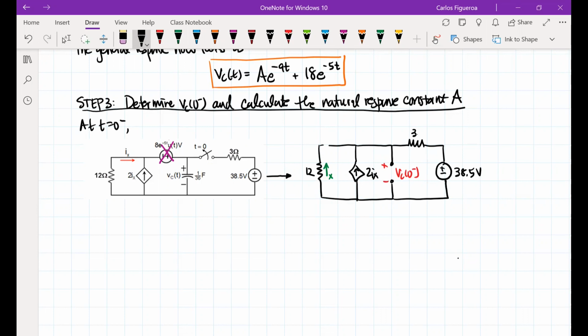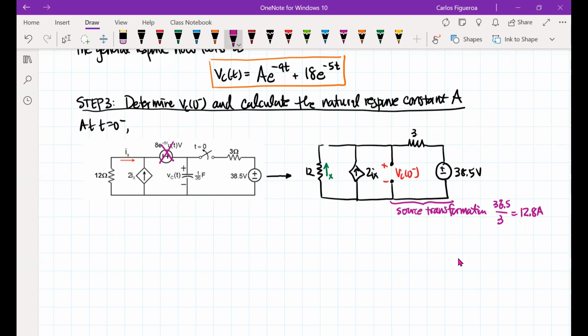The easiest thing to do to get a sense of how the current is flowing is to do a source transformation right here. If I do a source transformation, note that 38.5 divided by 3 gives me 12.8 amps. So now I have a current source that's in parallel to that 2IX.